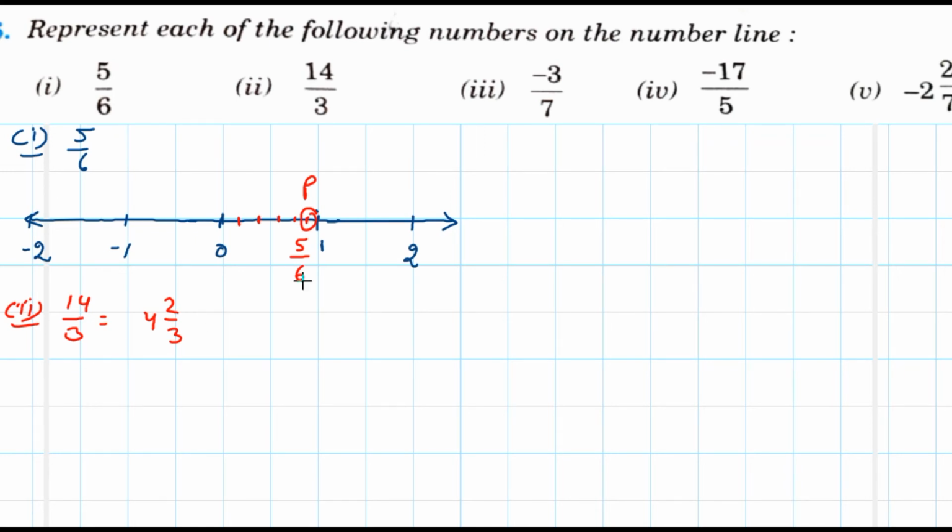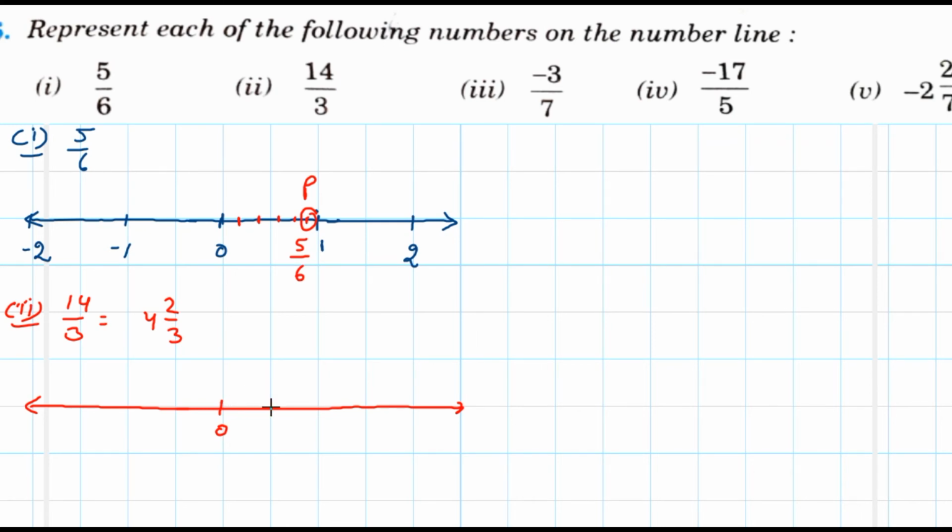So first we will take 4 equal lengths, that is unit lengths, on the number line, right? This is 0.